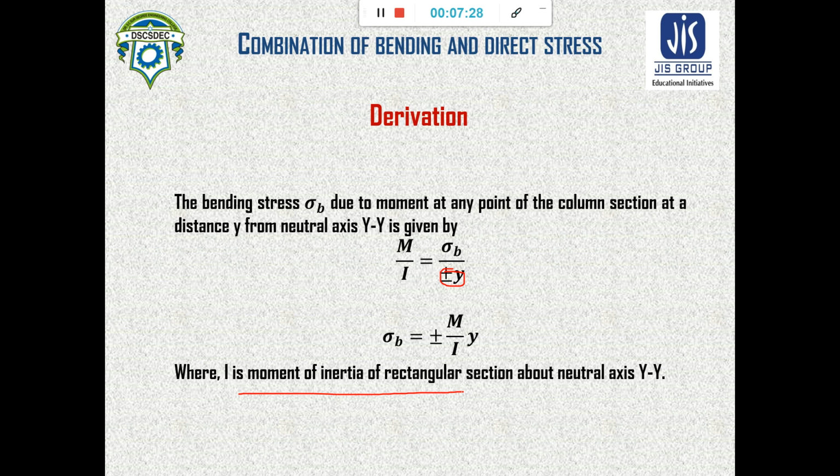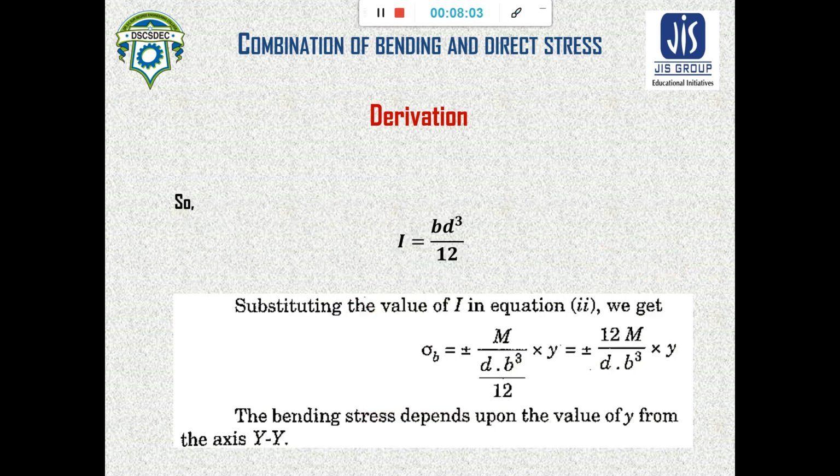So we can write sigma B is equal to plus minus M by I into Y. The plus or minus is given depending on whether Y is above the axis: this side is the positive side, this side is the negative side. So that's why M by I is given like this.